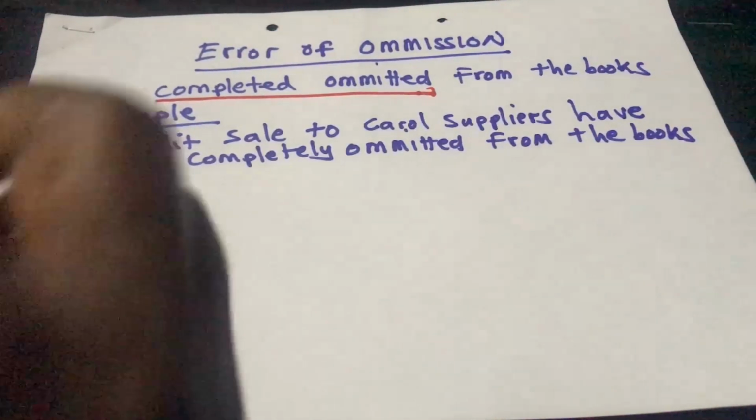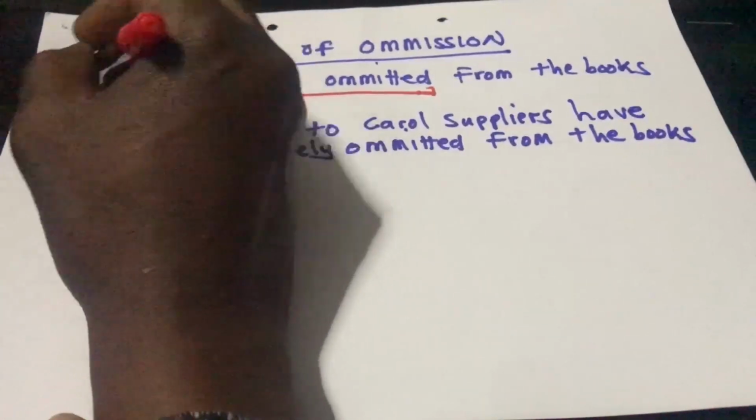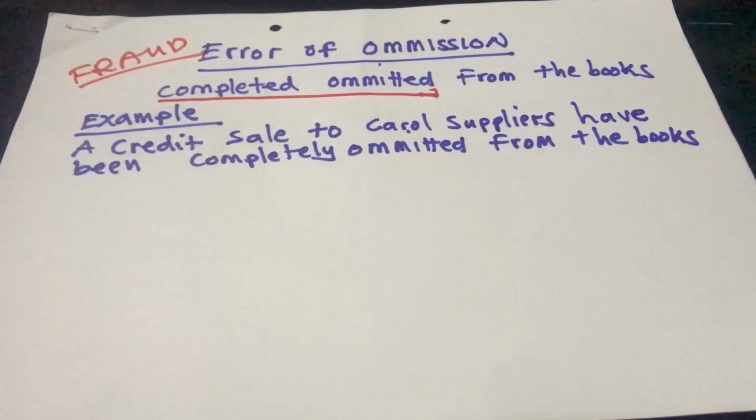When you do it deliberately, it is called a fraud. Now, you are not doing it deliberately. What is happening here is that you've just forgotten to include this particular transaction. So the error of omission is an error which is committed when a transaction is completely omitted from the books.